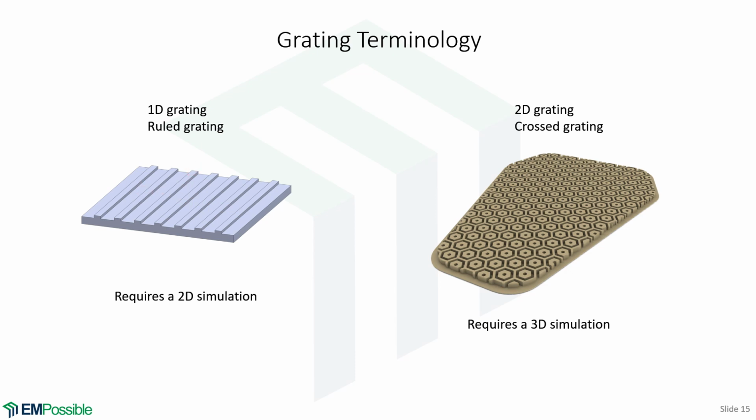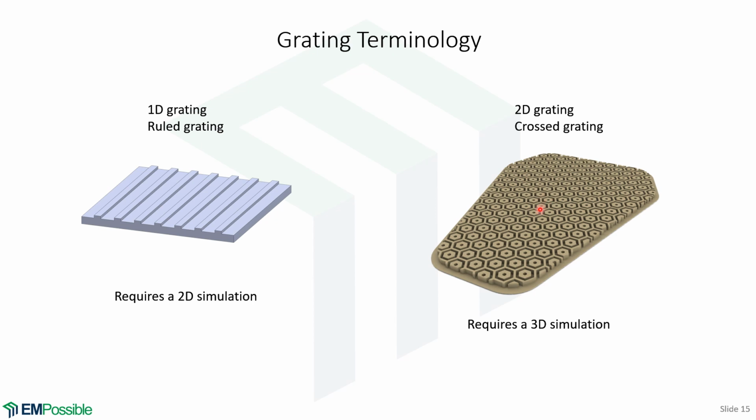So even though we call it a 1D grating, to simulate that requires a two-dimensional simulation because we would be looking at a cross-section of this, maybe just crossing one unit cell. So a 1D grating is really a two-dimensional device requiring a two-dimensional simulation.